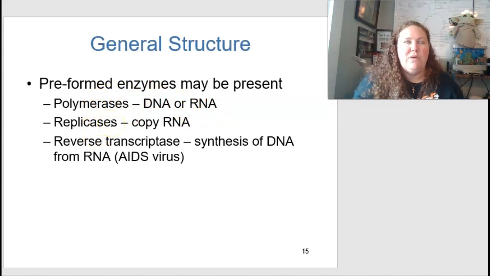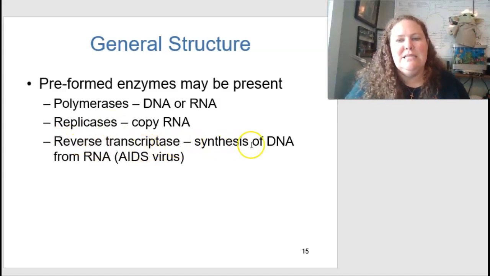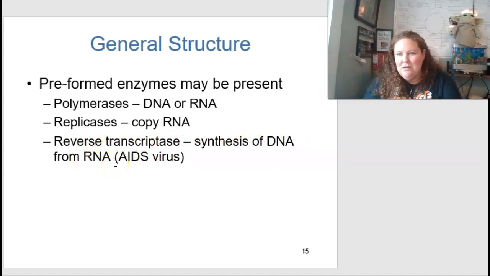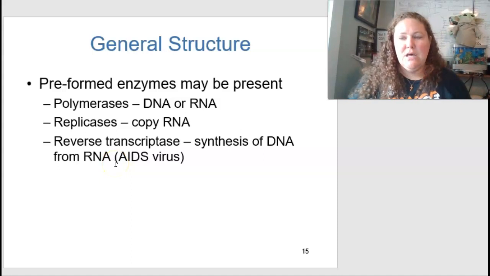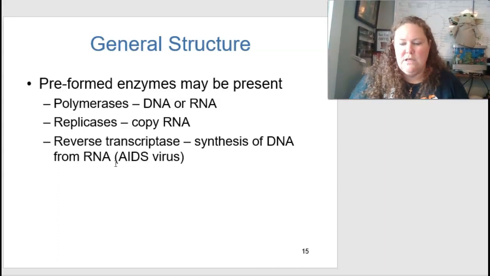Replicase replicates, it makes a copy of RNA. Reverse transcriptase synthesizes or makes DNA from RNA, and this one would be important in, for instance, the AIDS virus. But again, remember that proteins ending in ASE are going to be specialized workers of the body.